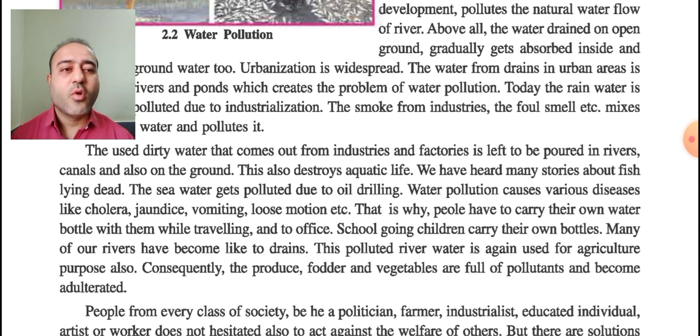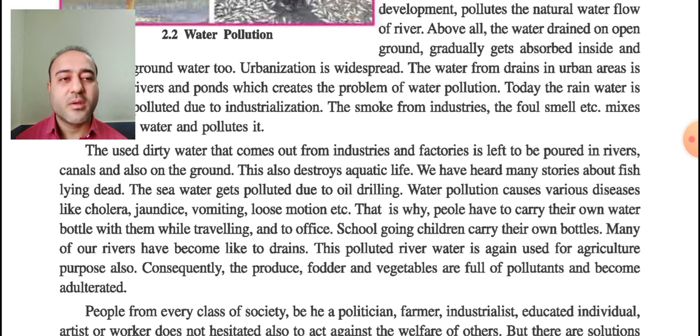Further, water pollution causes various diseases like cholera, jaundice, vomiting, loose motion, etc. So these are the different diseases which take place due to contaminated water, okay, polluted water. That is why people have to carry their own water bottle with them while traveling and to office.